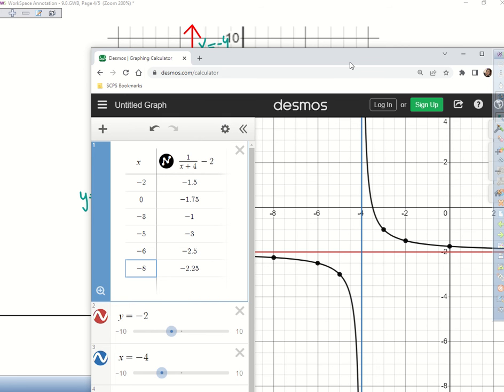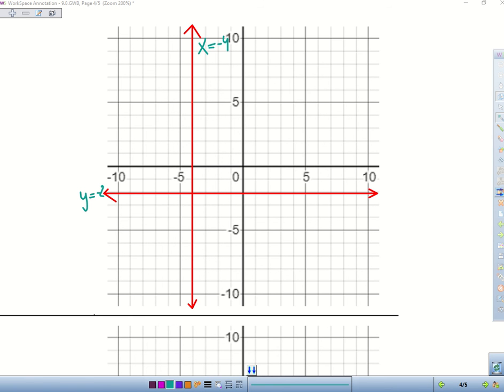So now that I have a few points, I'm going to drag this over so we can go ahead and graph them. So on my table, I have negative 2, negative 1.5. I have 0, negative 1.75. I have negative 3, comma, negative 1.